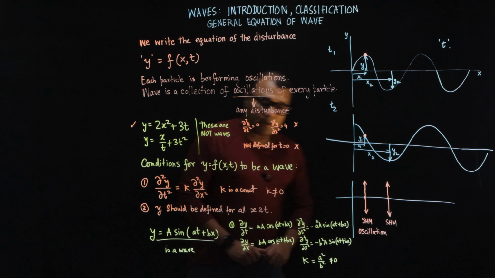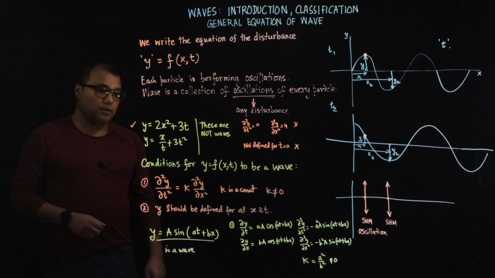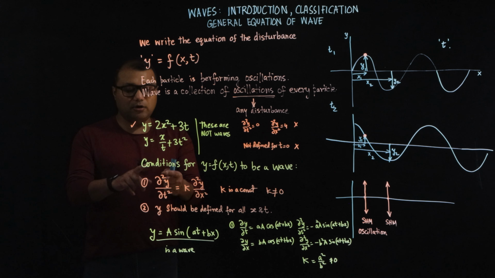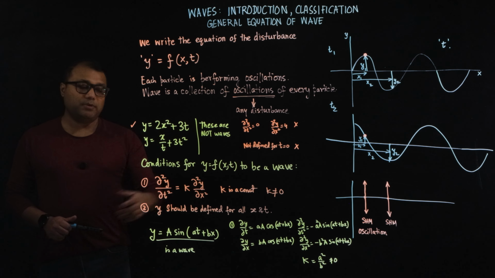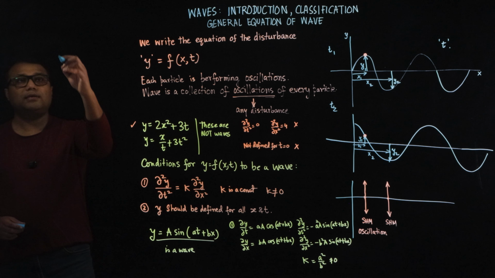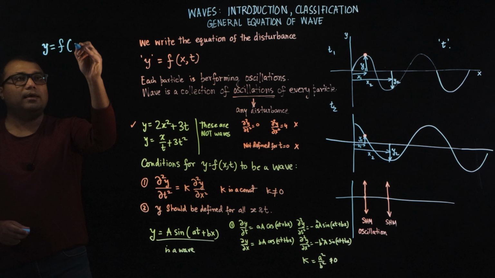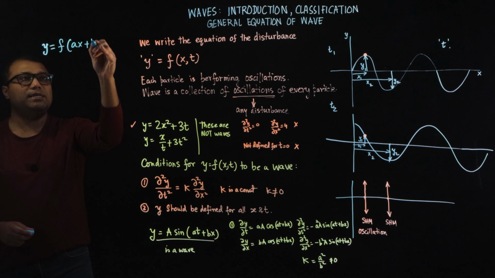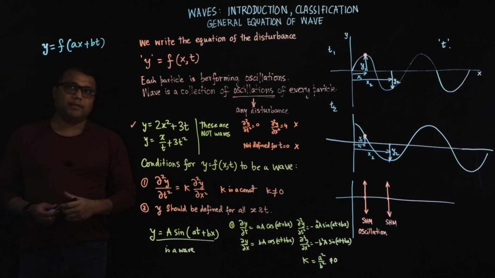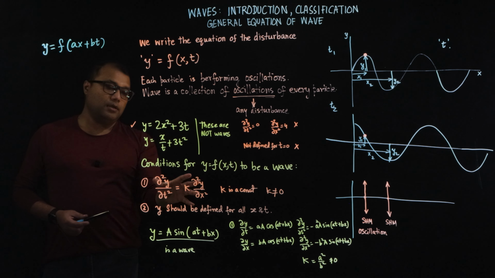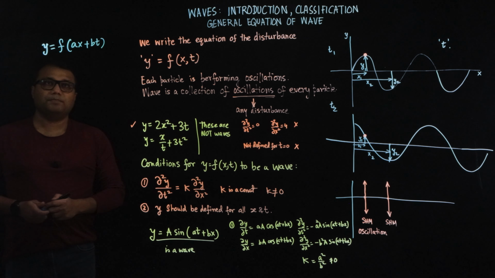Now, in general, if any function is given, to find out if it is a wave, we need not do all of this all the time. The generic solution of this partial differential equation is: if y is a function of ax plus bt, where a and b are not equal to 0, then that would be a solution of this, and therefore that will be a wave function.